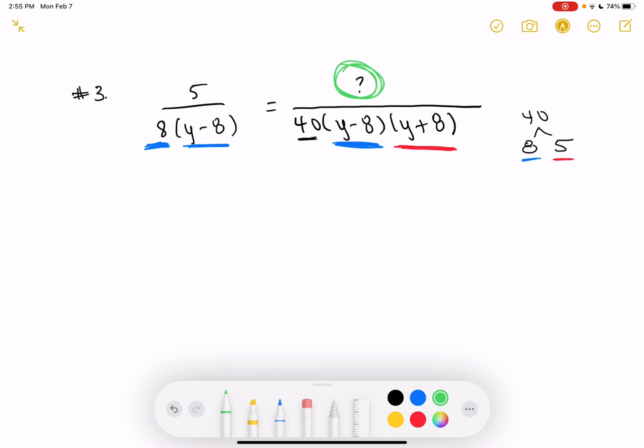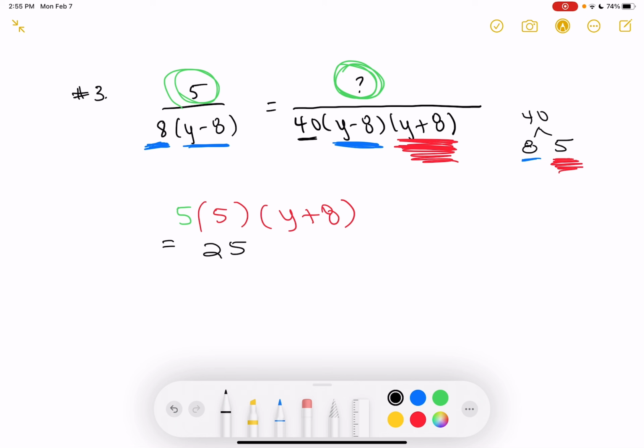And to make it equivalent, what we have up top already is a 5. And we want to multiply that by all of our missing factors. So we just said one missing factor was this 5 here. So times 5. And then another missing factor was this y plus 8. Okay, and now let's go ahead and simplify it here. So 5 times 5 will give me a 25 times the quantity y plus 8.